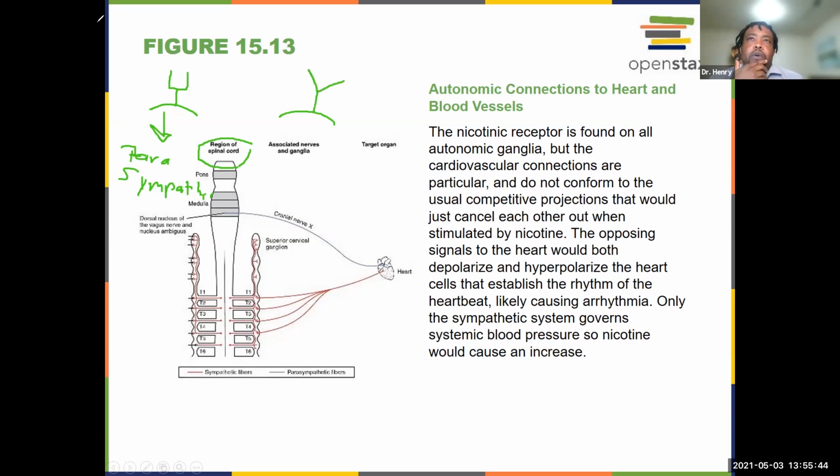Now this guy is for the sympathetic. Because this guy is a triangle, it's able to fit into here, right? And it causes the polarization and depolarization in the membrane.